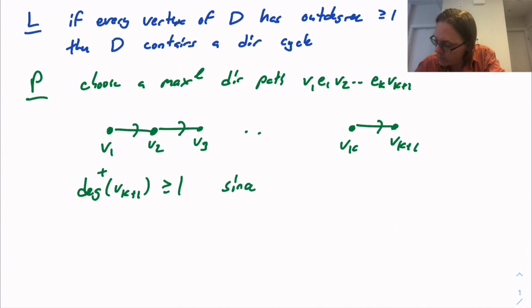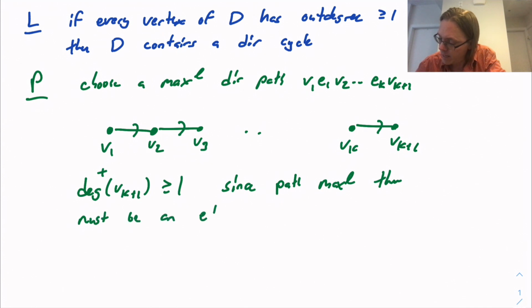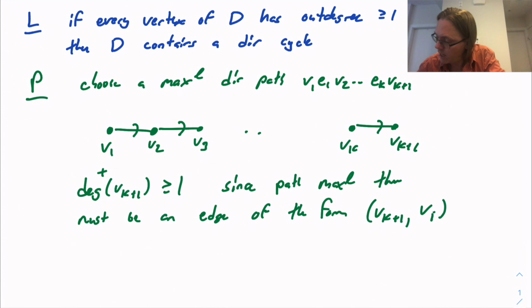So since the path is maximal, there must be an edge of the form v k plus 1, say v i, in my digraph. By the maximality of the path, that other vertex had better also lie on this path, and that gives me an edge of this form.